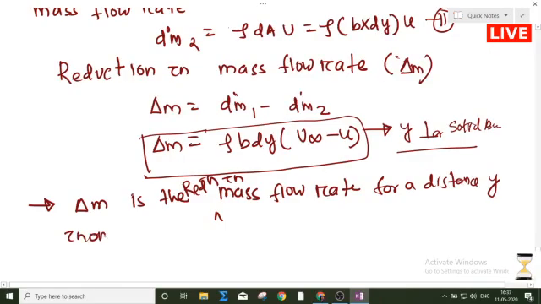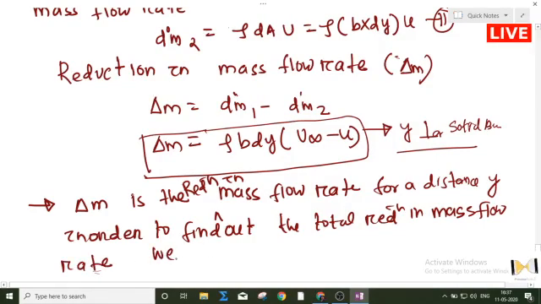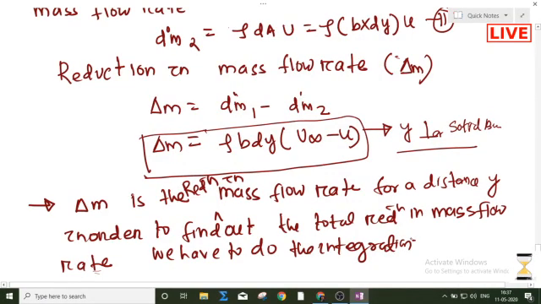So in order to find out the total reduction in mass flow rate, we have to do the integration.